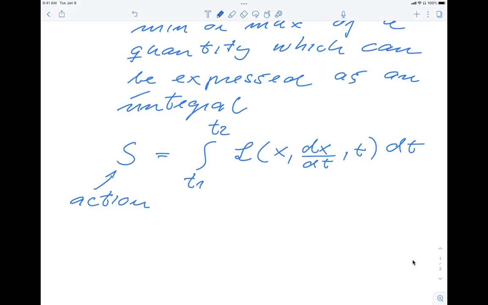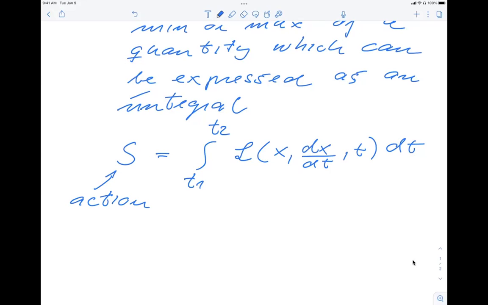And remember, if you think of the work energy theorem, the work which we do is the integral over the force when you move an object from a position 1 to a position 2. And that could be done in a time 1 to a time 2.